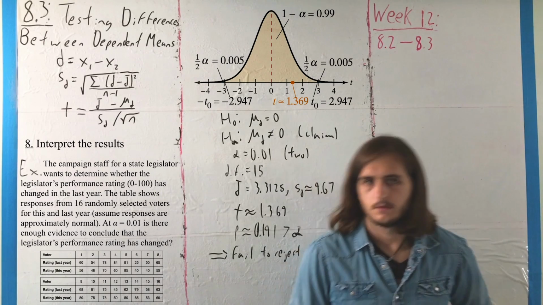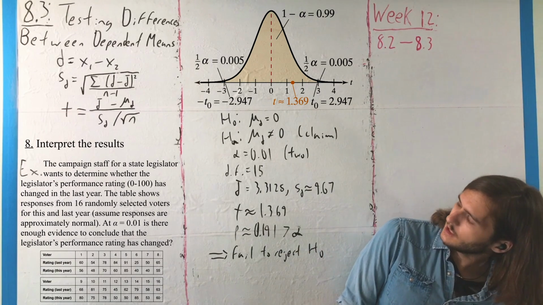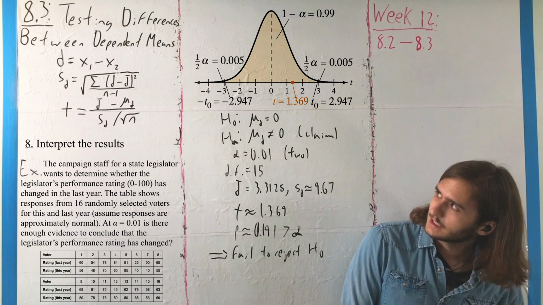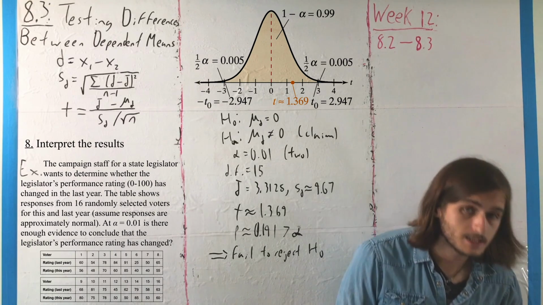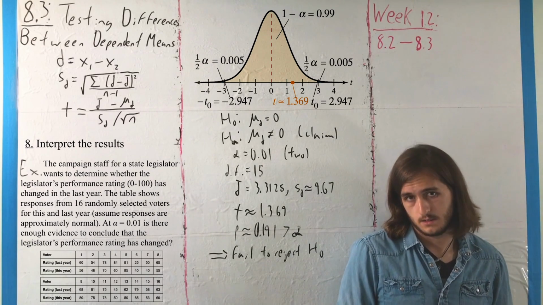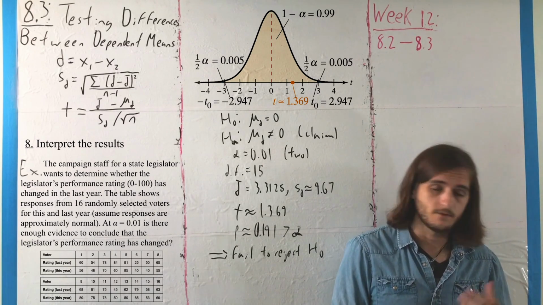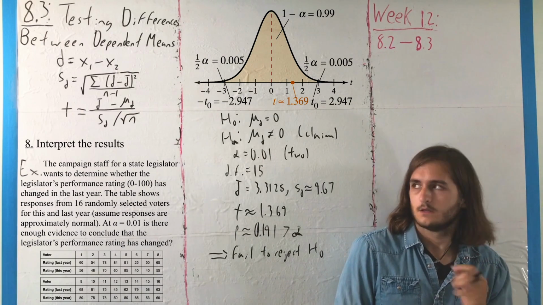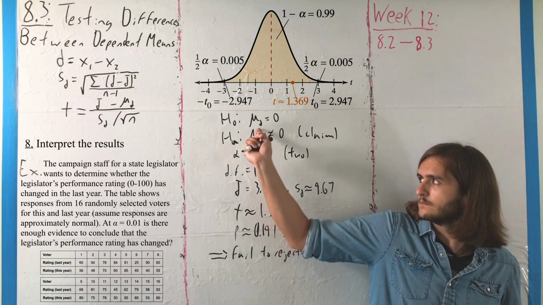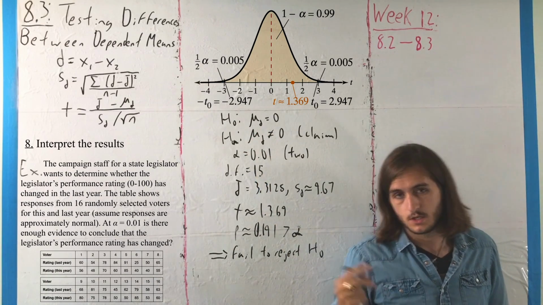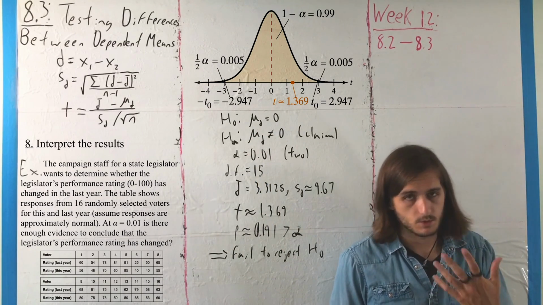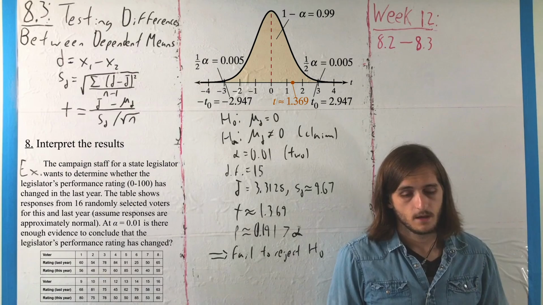So again, the thing you really should be careful to understand here is when we're talking about testing the differences between dependent means, we're essentially running a t-test on the data set of differences where we're assuming, at least somewhat, if not as obviously as it is here, that there is no difference. That is, mu d we assume is 0.